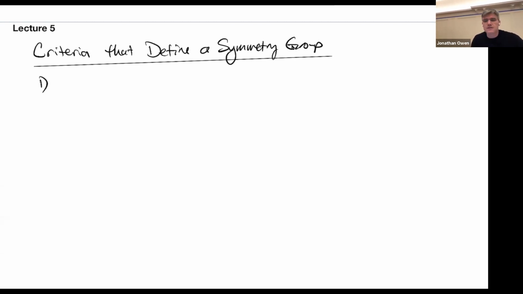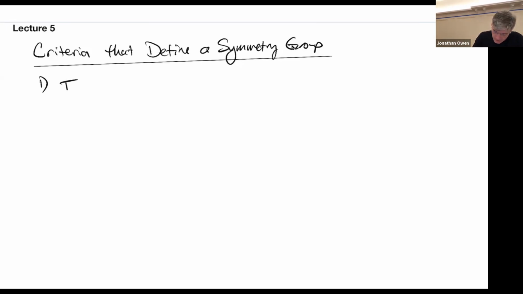One is that it's this identity operation business again. The identity operation is the do nothing operation. And to define a symmetry group, a group of symmetry operations that are characteristic of a molecule, you have to include the identity operation for everything to make sense.